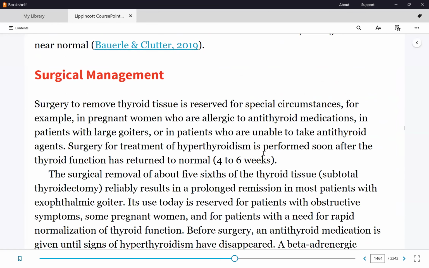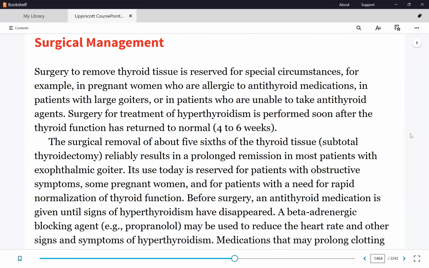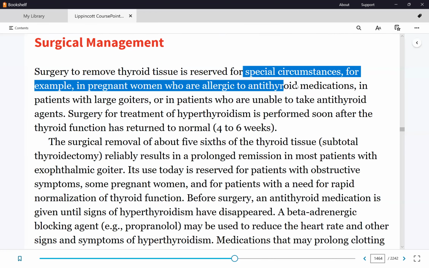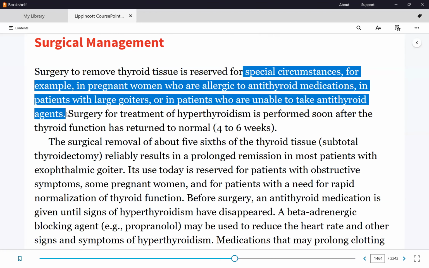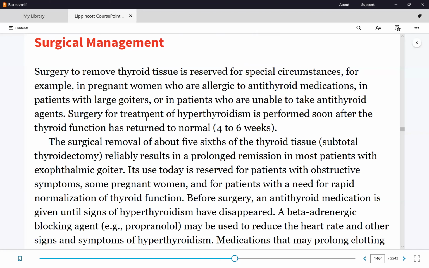Surgery is reserved for special circumstances, for example, pregnant women who are allergic to antithyroid drugs or cannot take them. If surgery is an option, then here we are. Now, the surgery depends on how much of the thyroid will be removed.